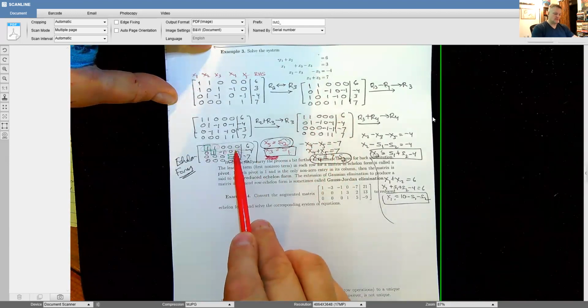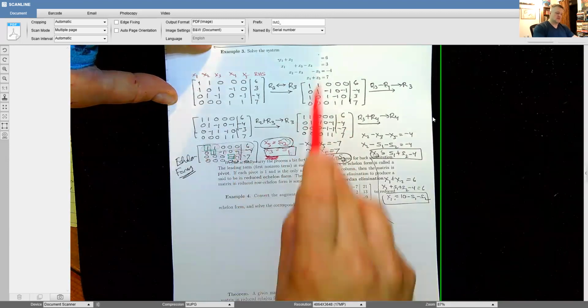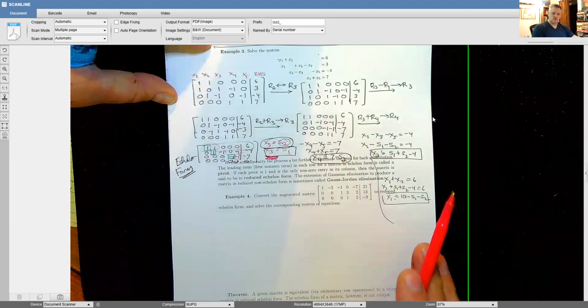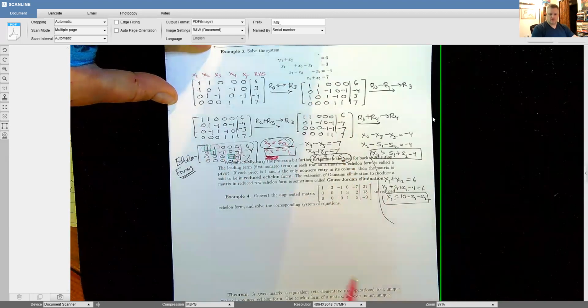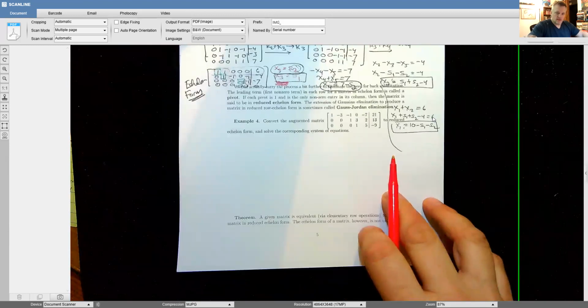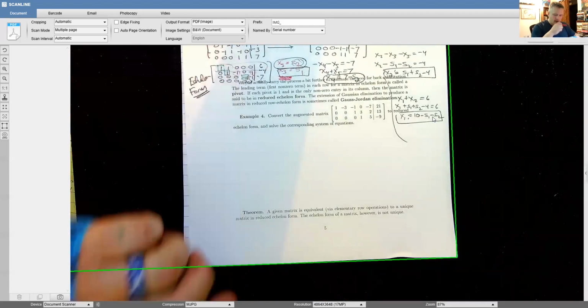That's called Gaussian elimination. This was getting a system to echelon form. Gauss-Jordan elimination is getting a system to reduced echelon form. Okay, so it's the exact same method. Now the goal is slightly different, and we give it a new name.